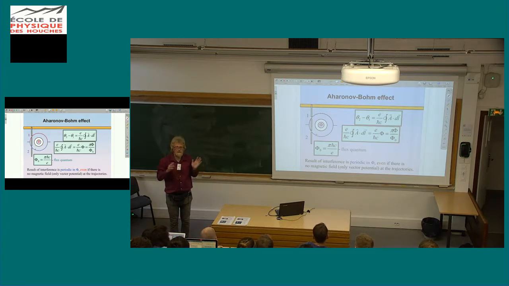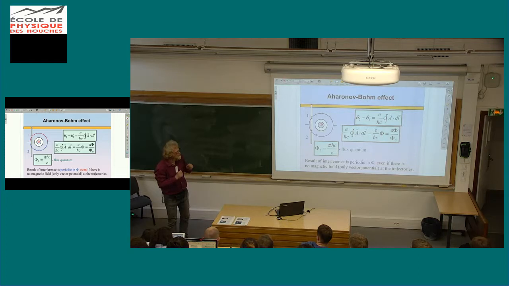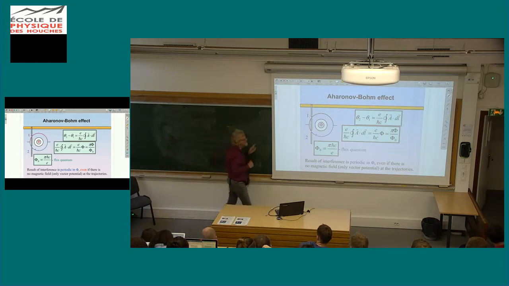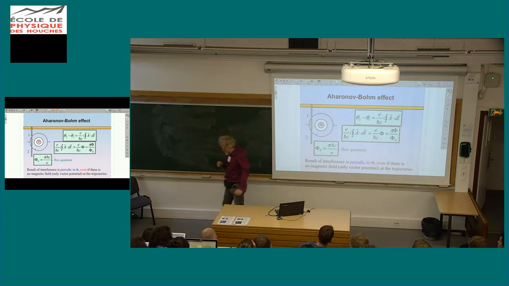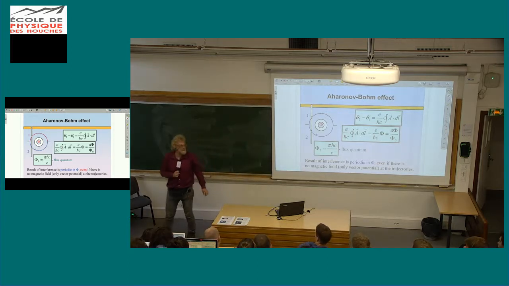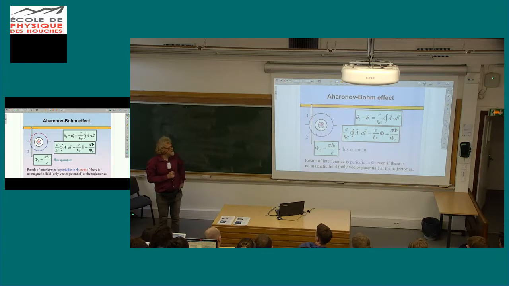So although there is no magnetic field which acts on the electrons, they somehow feel the presence of magnetic field in the coil. They feel vector potential, they feel the flux enclosed by this trajectory. This is the Aharonov-Bohm effect, and it is proportional to this flux.